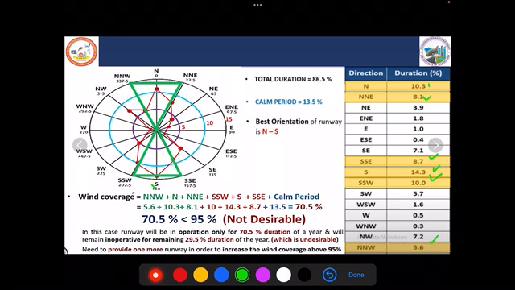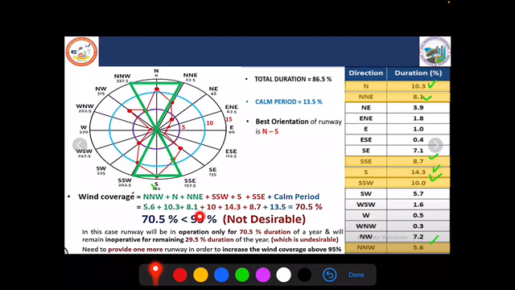Now we add all these values to determine the wind coverage, plus add the calm period, since it does not interfere with the landing and takeoff operation.